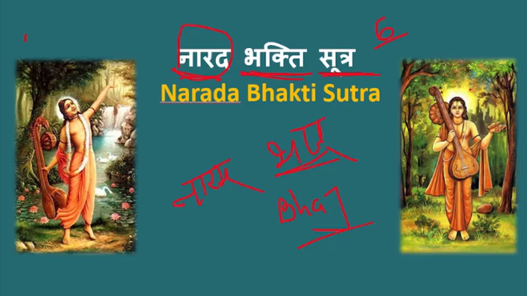Then only is the communication successful. Otherwise, the communication gaps will continue. Here the second phrase is asannigdham, sannigdha rahitaha. Sannigdha means doubt or any kind of lack of clarity. There is no doubt and no lack of clarity. Everything is crystal clear, even though it is short.